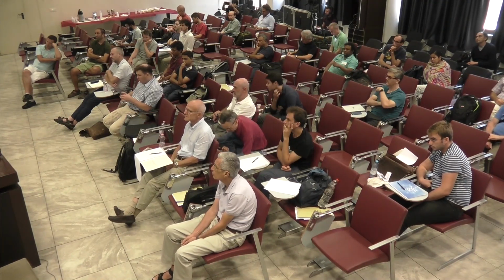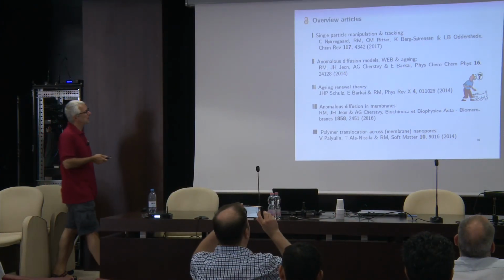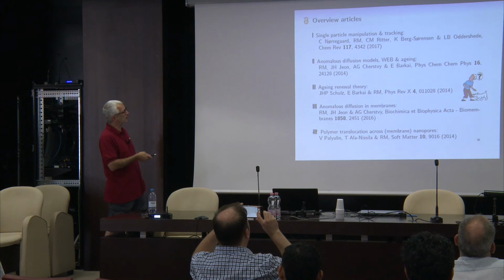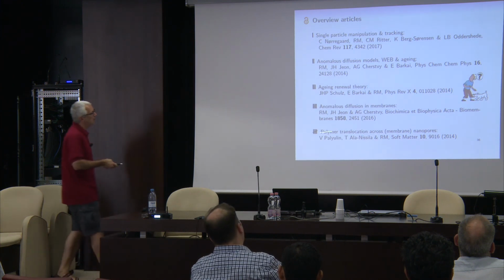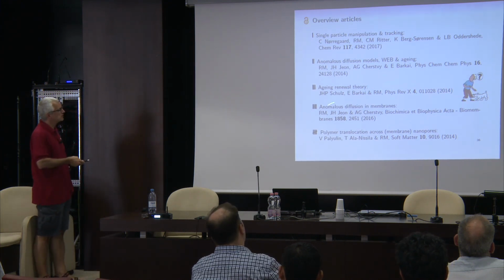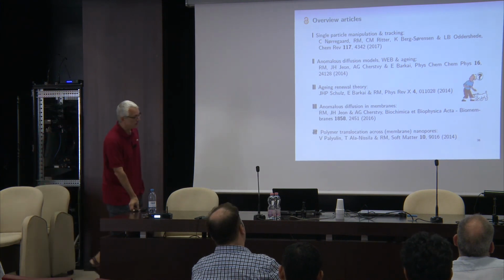A beautiful article together with my former PhD student, Johannes. He then wrote some very beautiful papers with Eli as a postdoc about the aging renewal you can find here. And then this is about the stuff in the membranes. And this I didn't talk about, the translocation through nanopores.